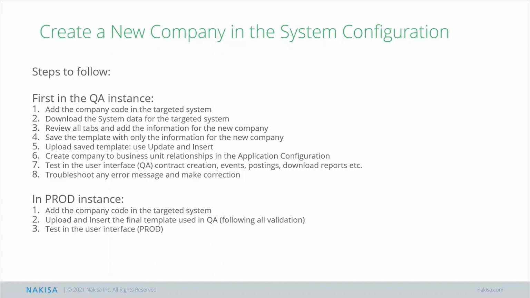It might be somebody else, the super user, who performs it, by creating a contract in the new company code, activating it, posting transactions, and posting events. If everything goes well, of course, you can move on to production.